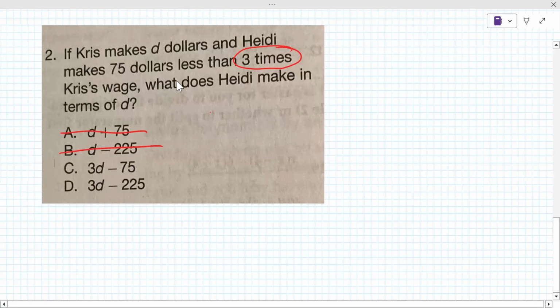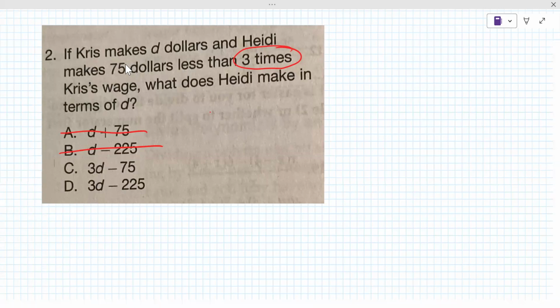C has 75, so it would be 3 times whatever she makes, and then minus 75 because she makes 75 less, unless it's a trick question. It's not a trick question. Okay, I like that though. You're already kind of on guard here. It is just the 75.